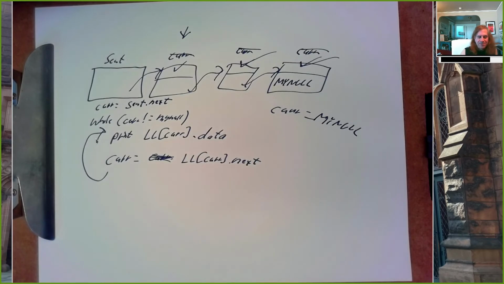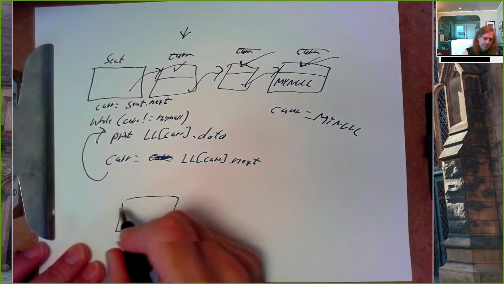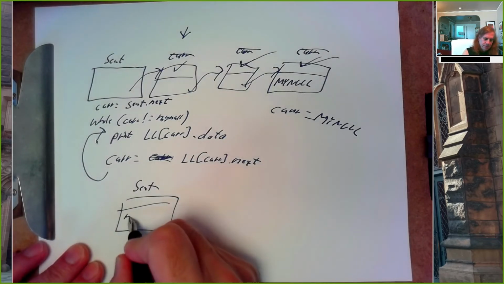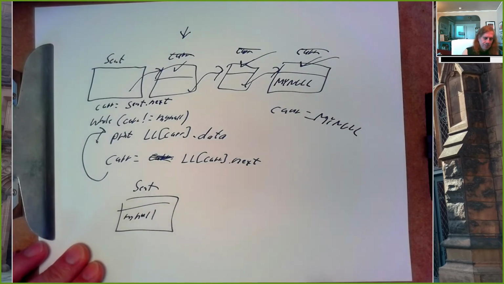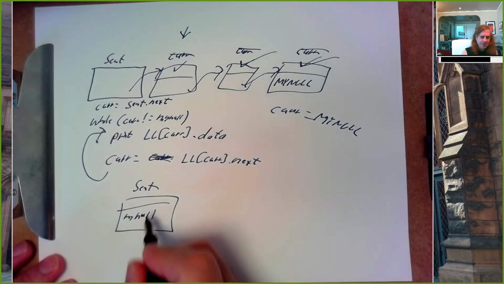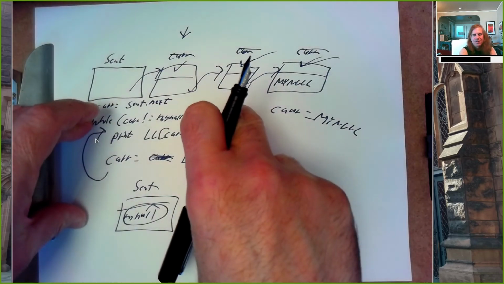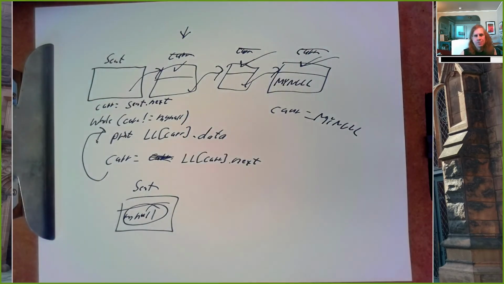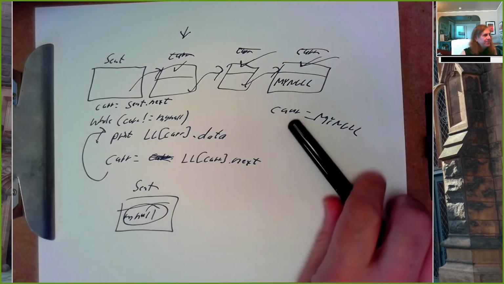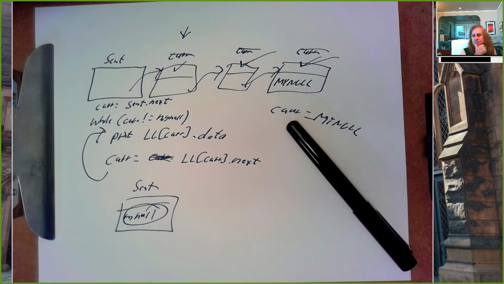And what happens if my list is empty? Well, when I initialize current to what the sentinel is pointing to, it's going to be equal to my null, and my loop's not going to do anything. So here again, we're not going to have any special cases for an empty list versus a non-empty list.